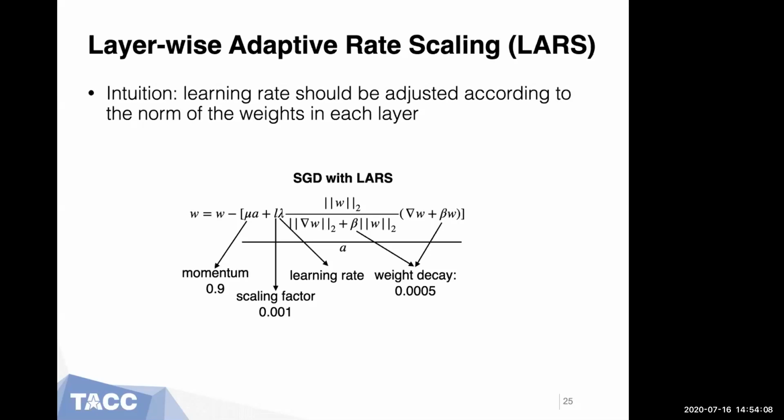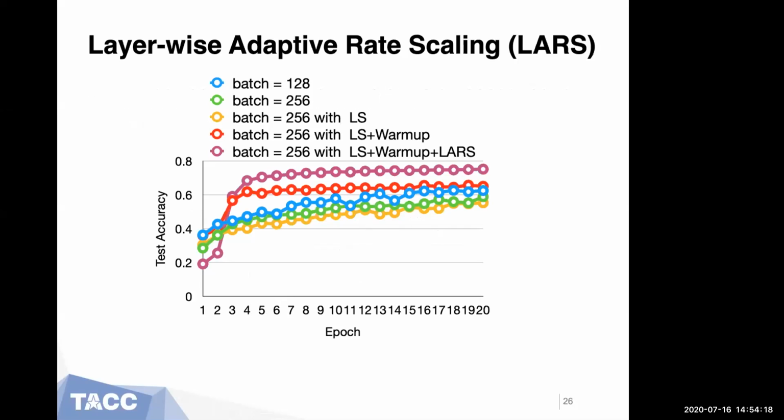And we are using a weight decay to control from the history. Anyway, when we combine learning rate linear scaling, warm up, and LARS, we see the training performance is much better than all other cases, right? There isn't a theoretical proof that using LARS can improve the convergence rate algorithmically, but in practice, this is what we see.